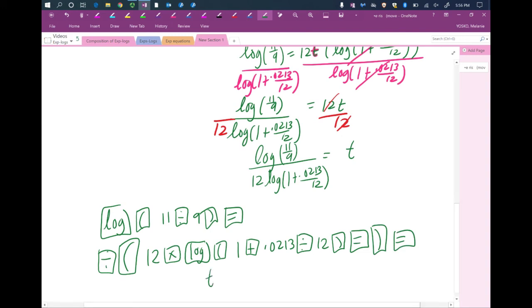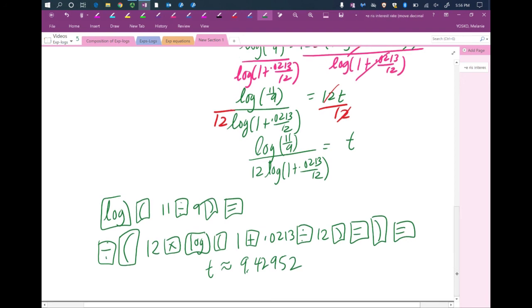When you do this, you get t. It's approximately, I got 9.42952. Remember, t has to be in years, right? So this is approximately 9.4 years. Now keep in mind, that's 9 years, and then 0.43 years times 12 months.